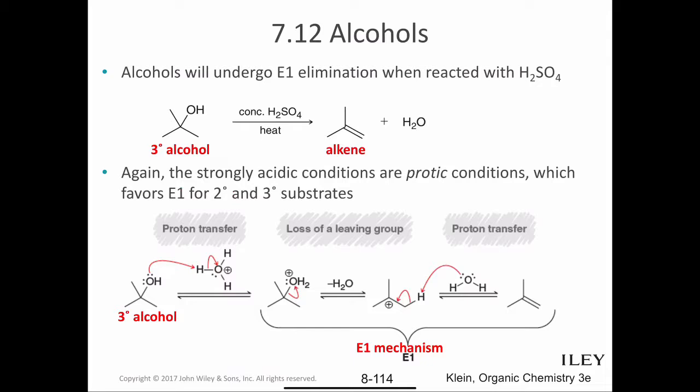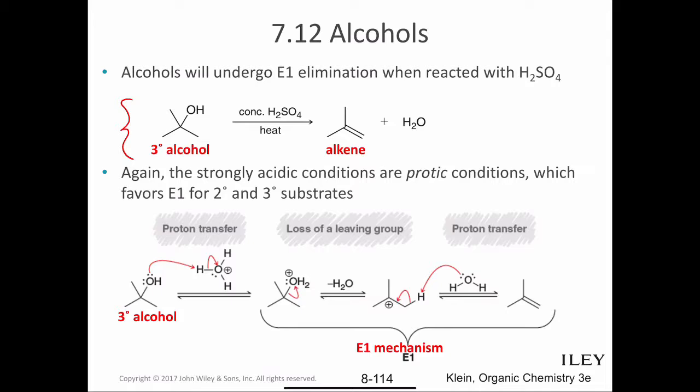So a little bit about the elimination of an alcohol. It says here, alcohols will undergo E1 elimination when they are reacted with sulfuric acid, H2SO4. In this example, it shows a tertiary alcohol, and you're treating this with concentrated sulfuric acid and applying heat. When I think of heat, I think of removing water via evaporation.